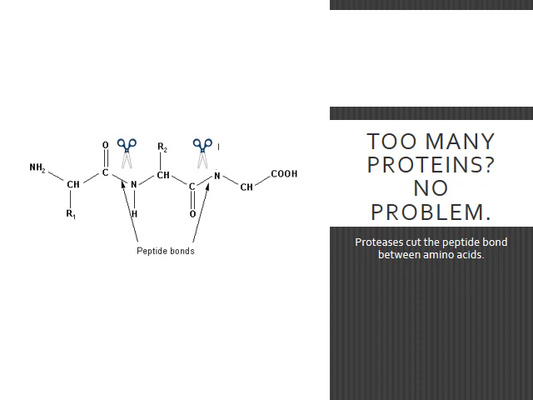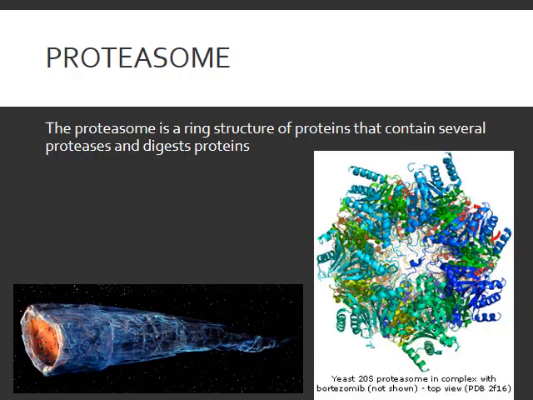In order to cut up a protein, you're going to use what's called a protease. Please do not call it a protease. It's spelled that way, I know. It's a protease. So you cut the peptide bonds between amino acids. And if you get a whole bunch of proteases together, you get what's called a proteasome.